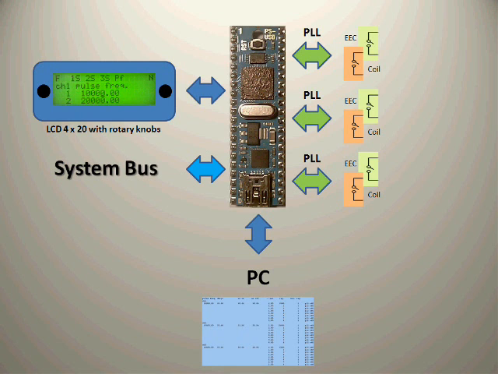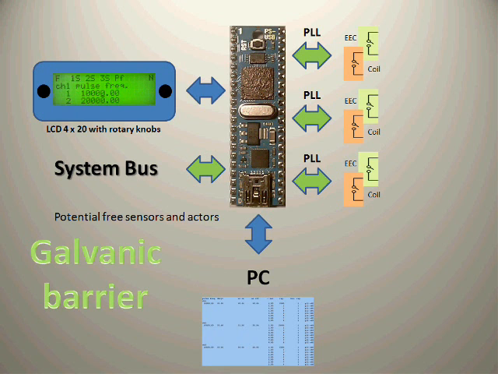Of course, the chip supports and is prepared for system bus components, an expansion bus, you can say. Those system components are also coupled galvanically isolated. What are these system bus components?